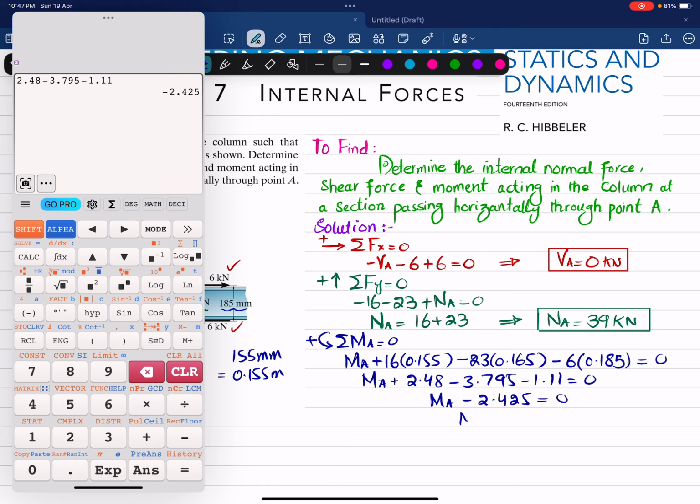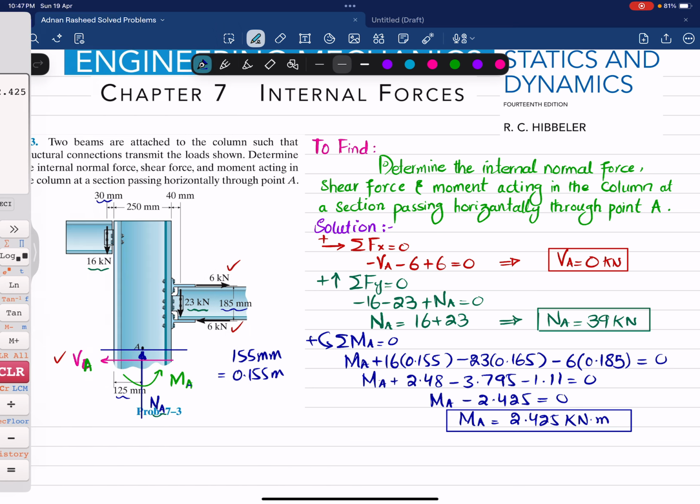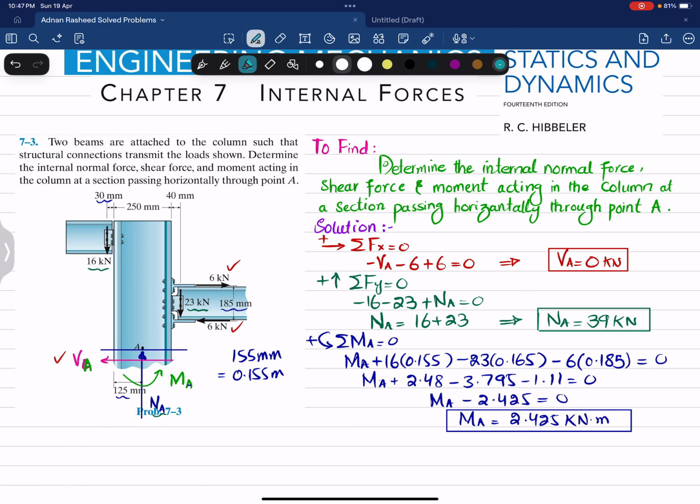So here we get MA equal to 2.425 kilonewton meter. So what we are getting is the internal shear force, internal normal force, and internal moment at point A, which are the answers of this required problem.